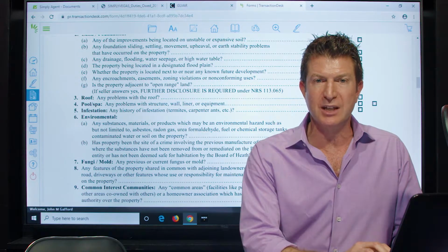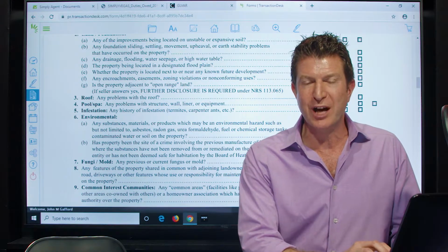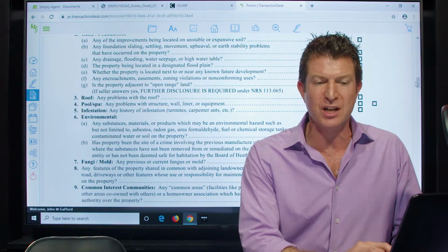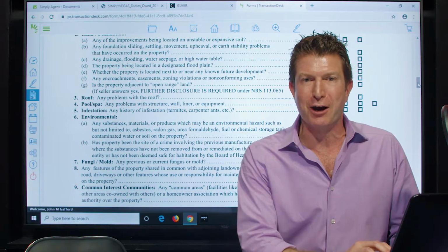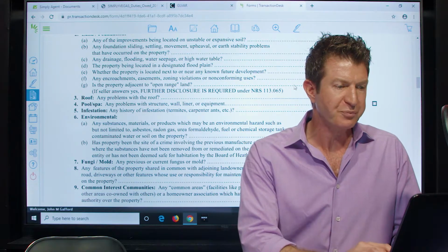That's where a property is being misused without permission from whichever governing body deals with that kind of use. So it's something that we're not typically going to see in residential, but if they're using it for something funky and you're selling it for something funky and it doesn't have permission, you definitely need to disclose that.